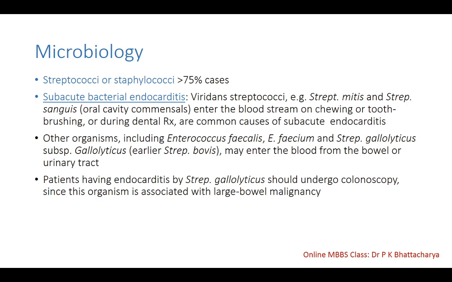So, the organisms can enter the blood either from oral commensals, as in Streptococcus viridans, or from the genitourinary tract by Enterococcus faecalis, or from the gut by Streptococcus gallolyticus. Patients having endocarditis by Streptococcus gallolyticus should always undergo a colonoscopy because this organism is commonly associated with malignancies of the large gut.